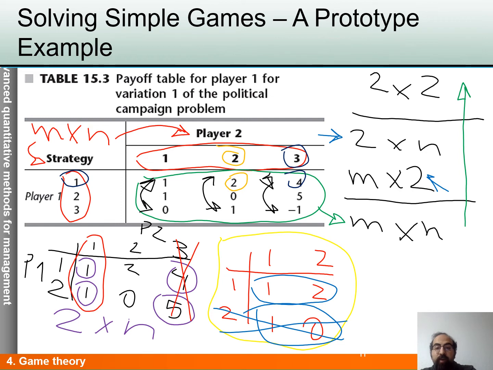And finally, in comparison between these two elements, 1 and 2, for player 2, this one will be the result. Okay, that means both players 1 and 2 should select strategy 1, and it means that player 1 wins 1 unit while player 2 loses 1 unit. Okay, so in the next slide, we talk more about this concept and the solutions.